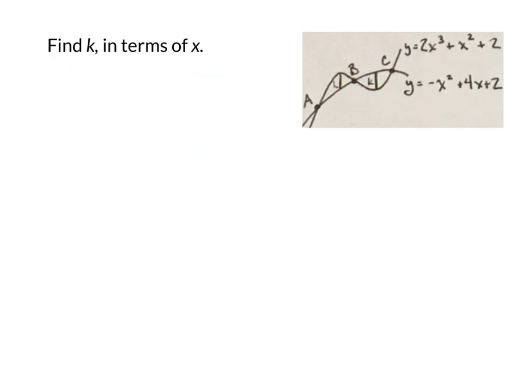And now when we look at k, the vertical distance here, again, it's still a vertical distance, so we want to subtract y coordinates in terms of x. So we're going to take the larger y coordinate from the point that's on top. And now, because we're at a different section of this graph, it's the other equation that's the larger one, the negative x squared plus 4x plus 2.